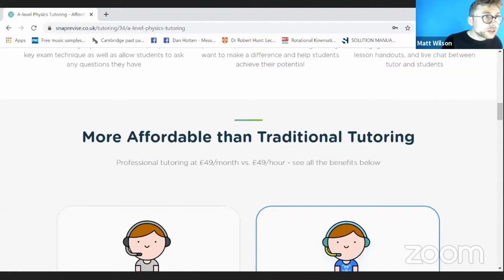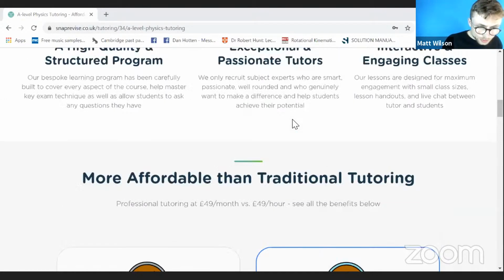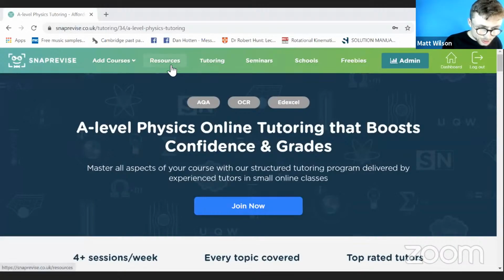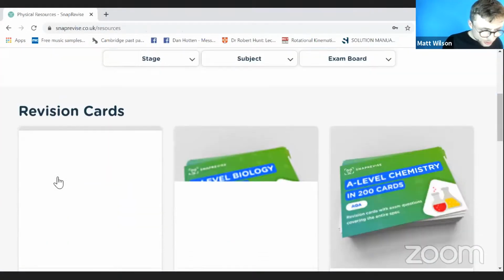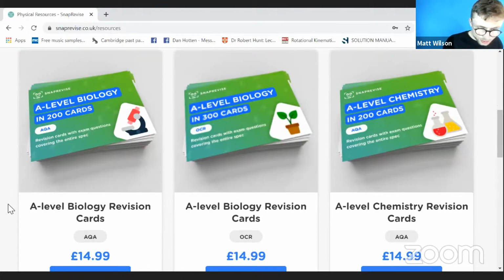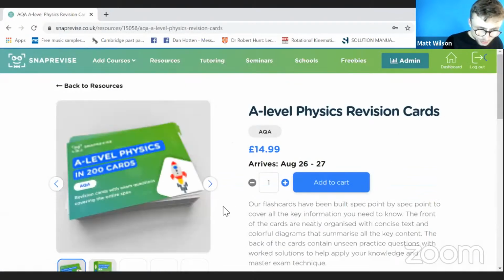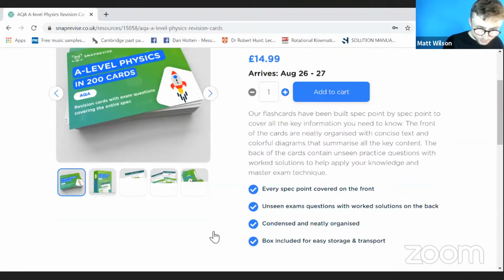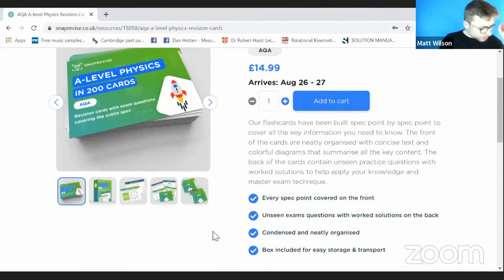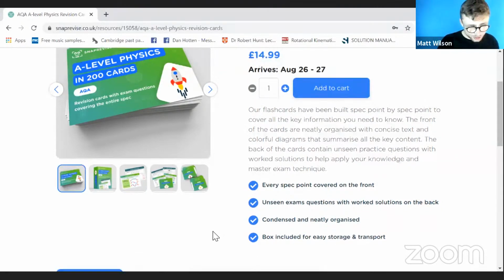And I also just want to let you know about the following. We have some new resources: we have set up some new revision cards that you can access. So this is a separate thing. And these are pretty handy cards. Here's the idea. We've gone through every single specification point. So in principle, all of the principles that you could be asked about in your exam, all of the key ideas in your course.